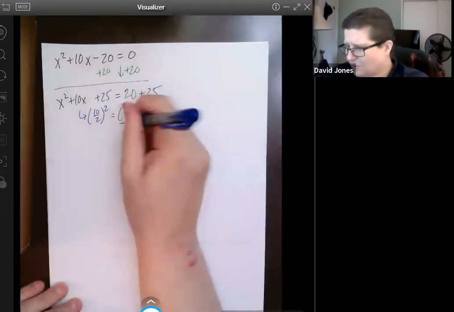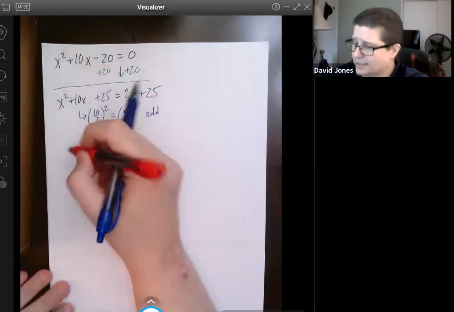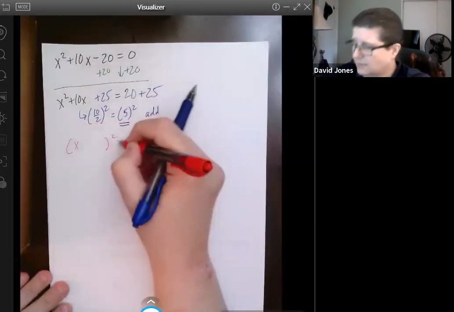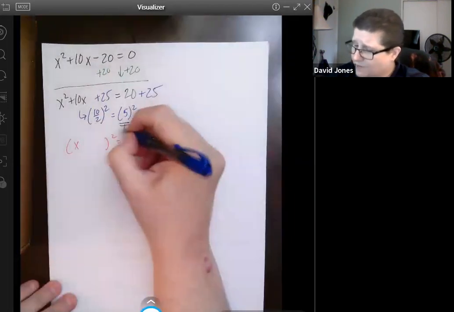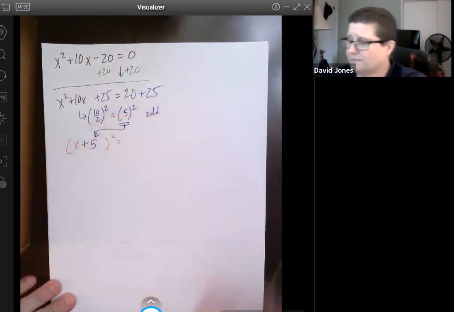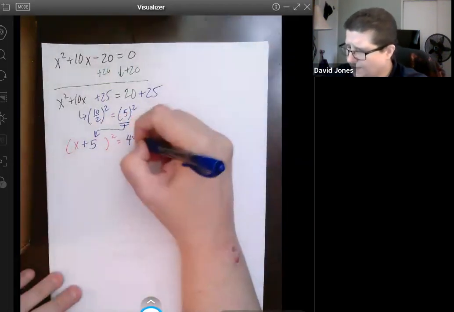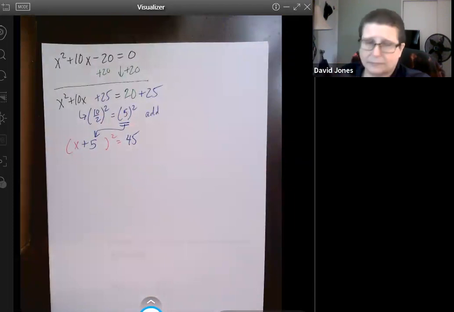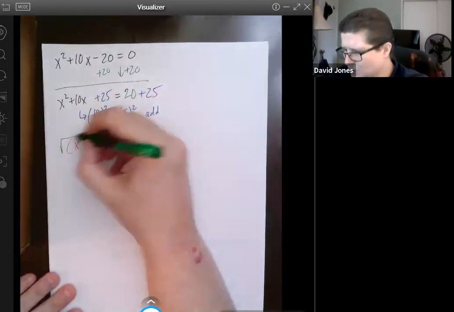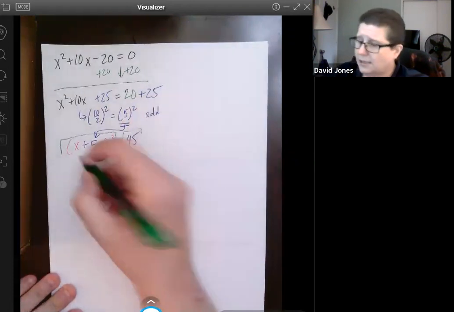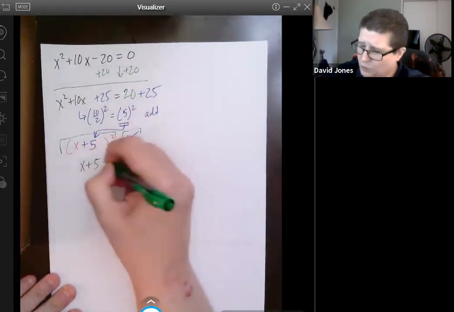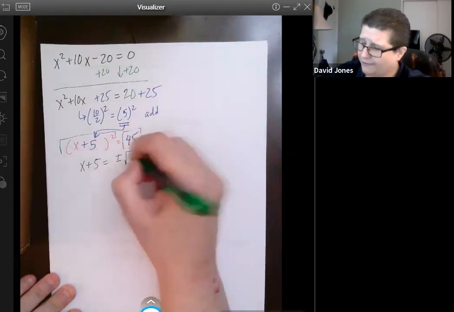We'll take that and dump it straight into parentheses. 5 is positive, so we're going to put in plus 5. And 20 plus 25 is 45. Okay. Now that we've got a perfect square on the left, we can take the square root, and I get x plus 5 equals plus or minus the square root of 45.